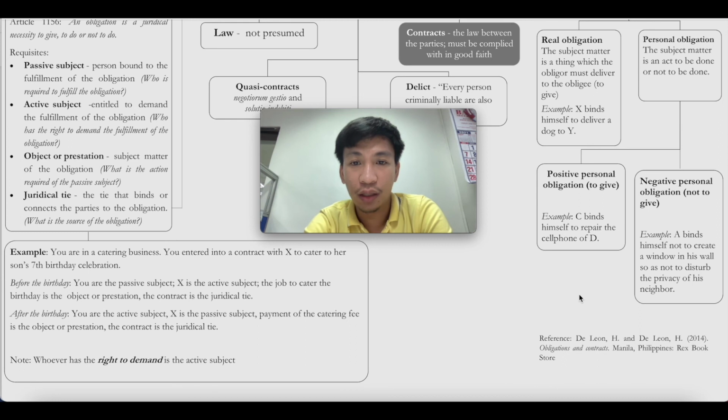Now, the second aspect of that contract is that after the birthday, everything is finished. That means you were already done fulfilling your obligation. So what's next? Who has the obligation now? The obligation now, ideally, is for X to pay.